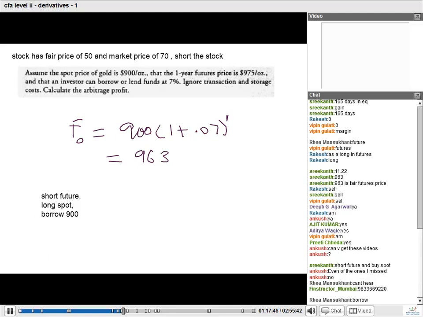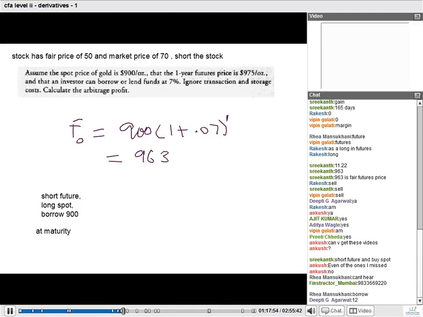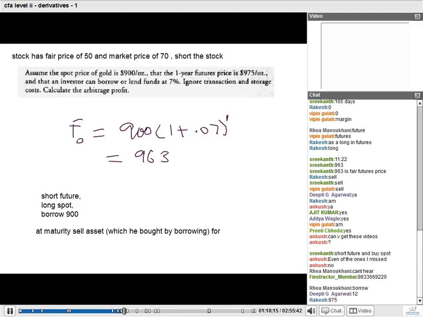If he borrows just $900, that means at maturity he will have to sell the asset which he bought by borrowing for what price? For $975, and he'll have to return how much?